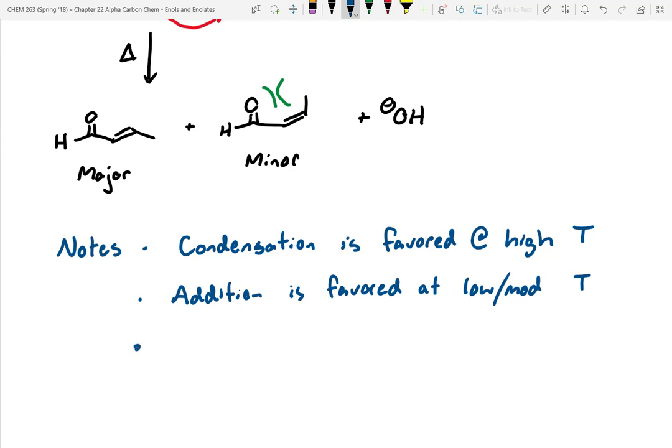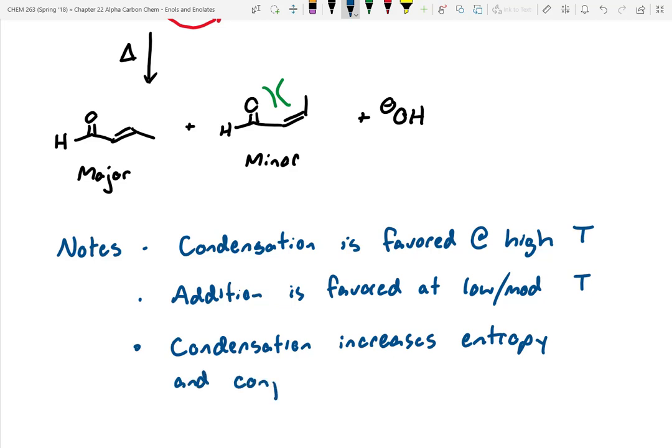And like I said, condensation increases entropy and conjugation.